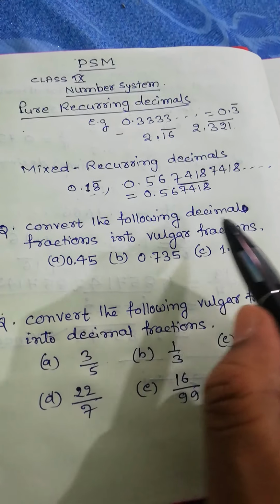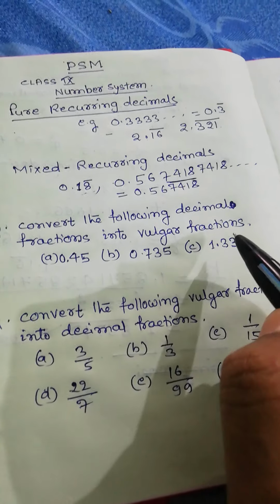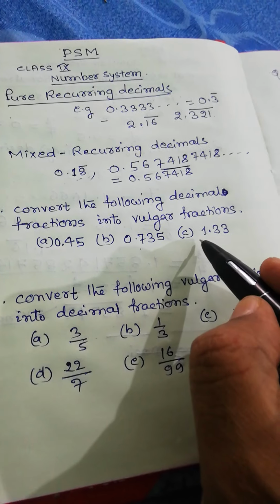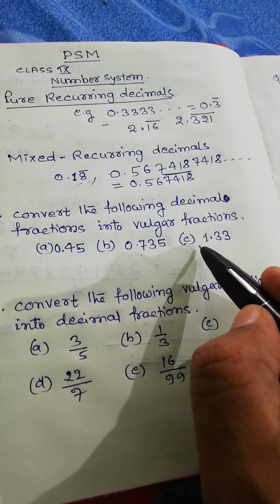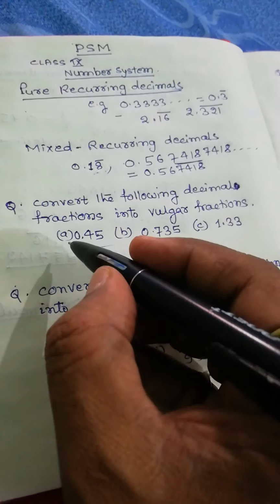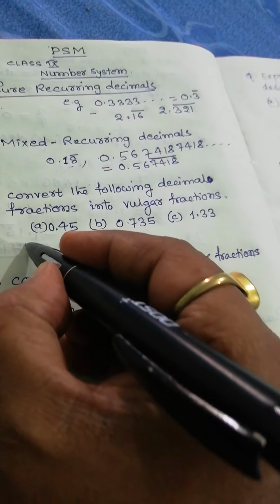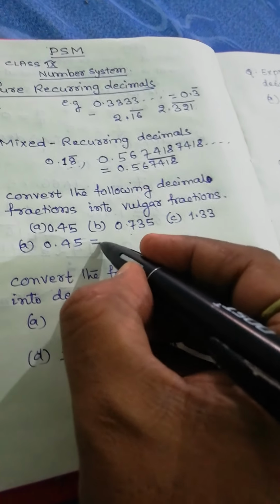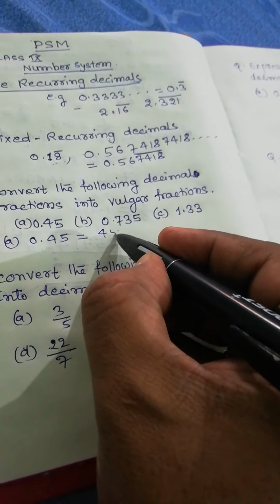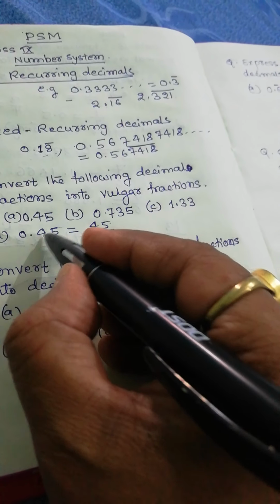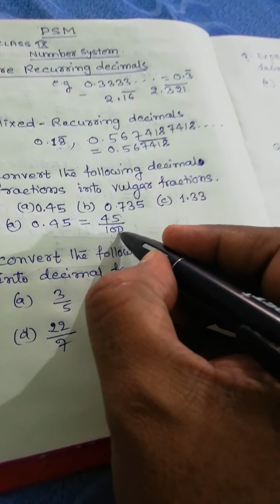Now let us solve some questions. Convert the following decimal fractions into vulgar fractions. 0.45 can be expressed as 45 divided by 100, because after the decimal point there are two digits, so we divide by 100.